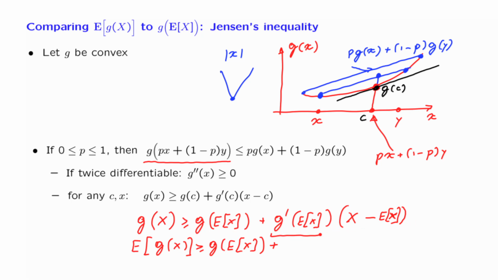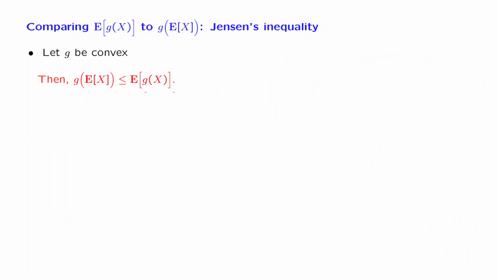This quantity is a number. The expected value of x minus the expected value of x is equal to 0. And we have established this particular fact, which is true for any convex function. So this is Jensen's inequality.